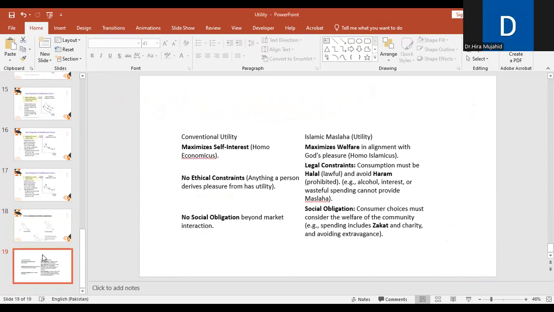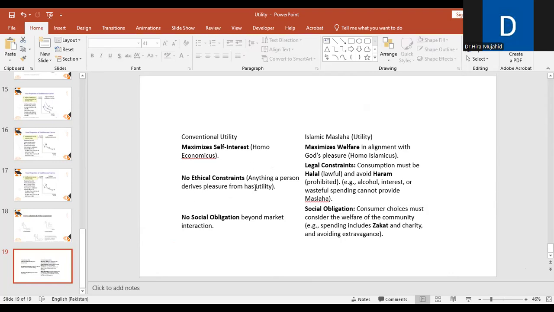Lastly, the concept is very popular from the Islamic point of view. This concept is applicable in the Islamic point of view. Normally, the conventional theory says that a consumer maximizes self-interest, but in the Islamic point of view, he maximizes welfare in alignment with God's pleasure, right?